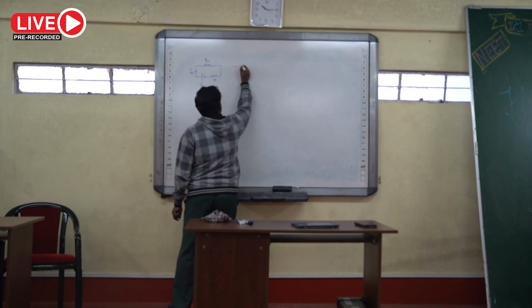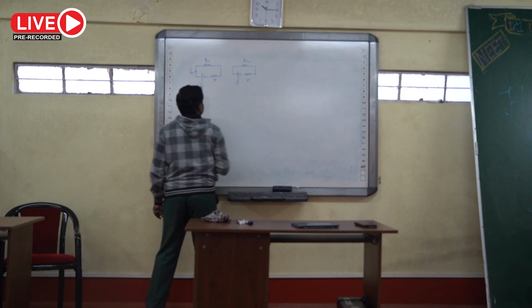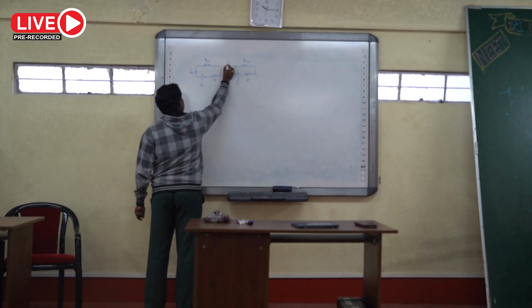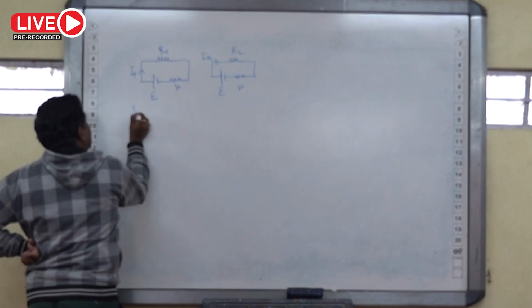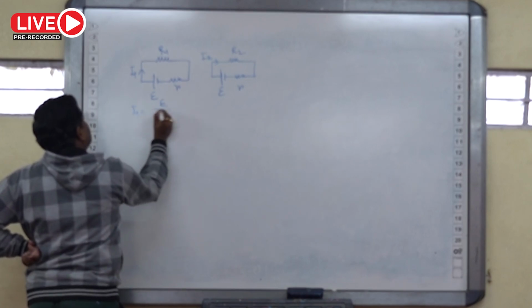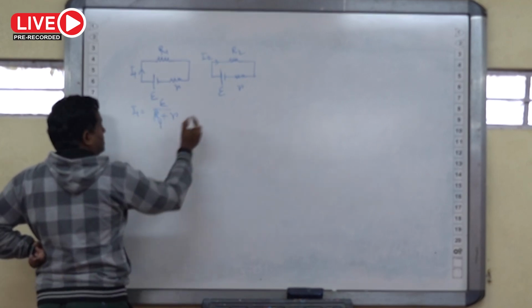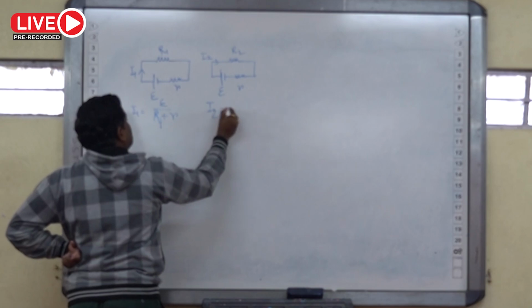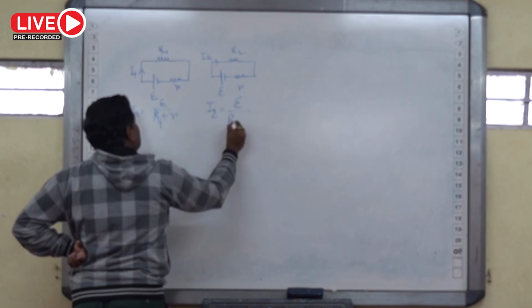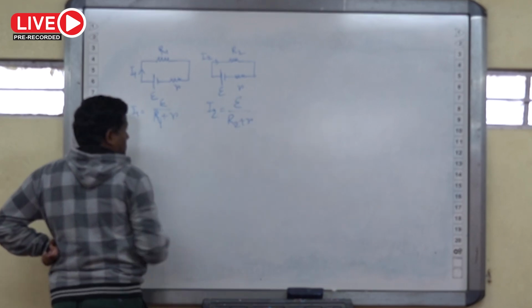In the second case, R2 and r, current flowing I2. So I1 equals E by R1 plus r. Similarly, I2 equals E by R2 plus r.